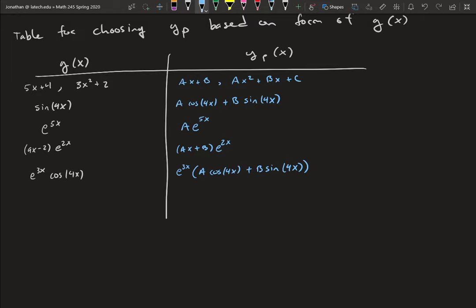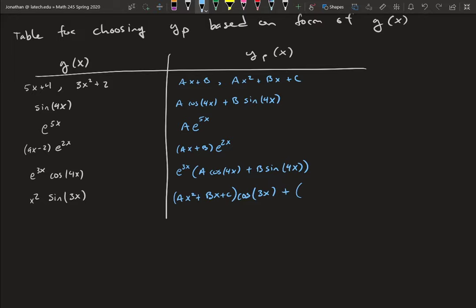Let's see, what else could we have? Maybe a quadratic times sine. So if you had something like x squared sine 3x, you would guess a quadratic, ax squared plus bx plus c, times cosine 3x, plus a different quadratic.